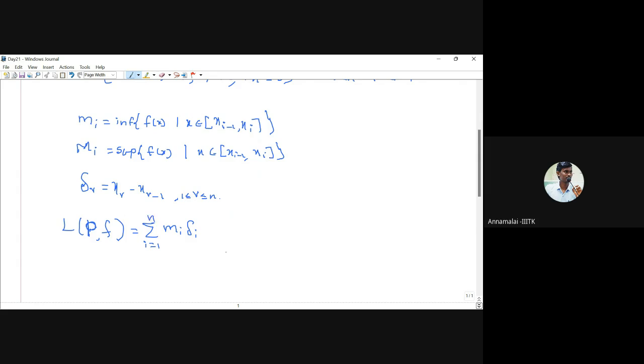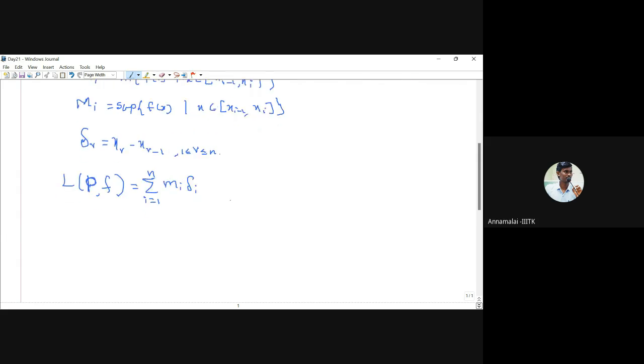This is called the lower sum of f with respect to the partition P. Lower sums are different if we give a different partition P.